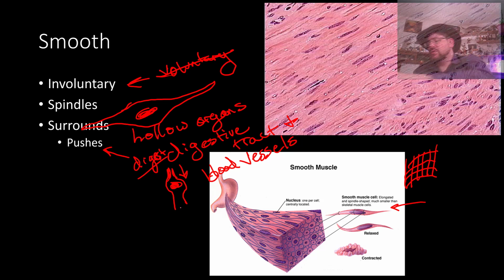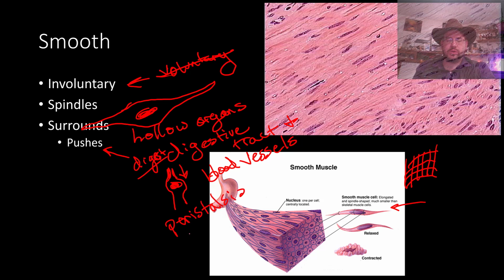So your esophagus does that. Makes sense. And every single organ along the way does that. That kind of pushing is called peristalsis. Awesome word.